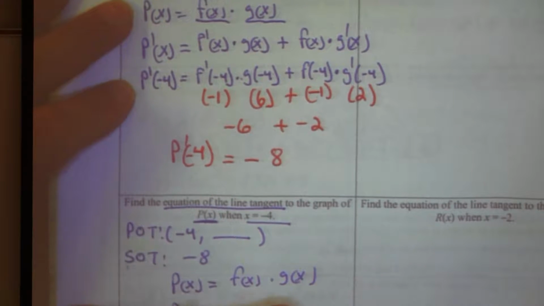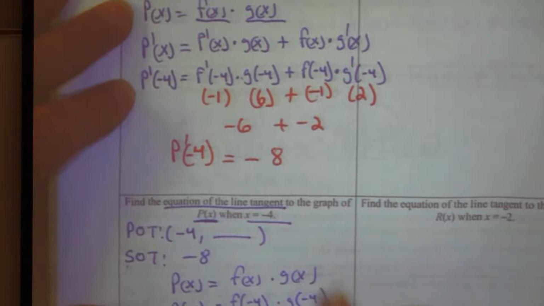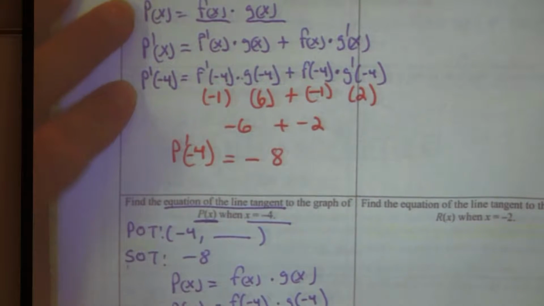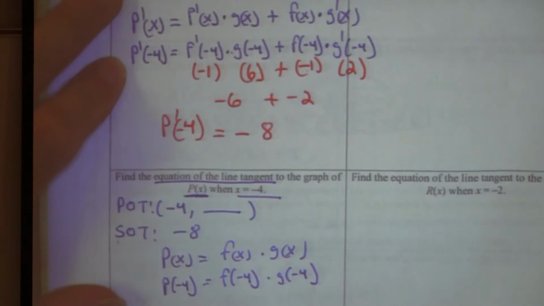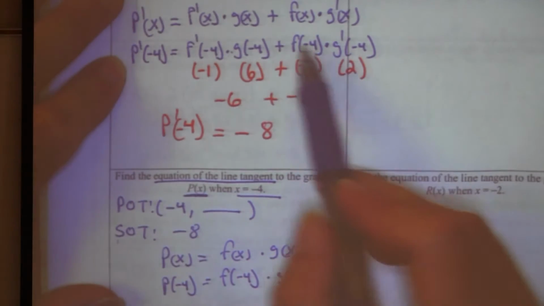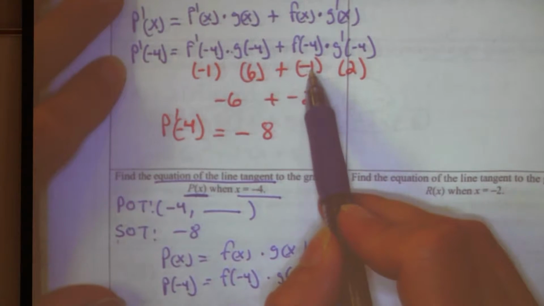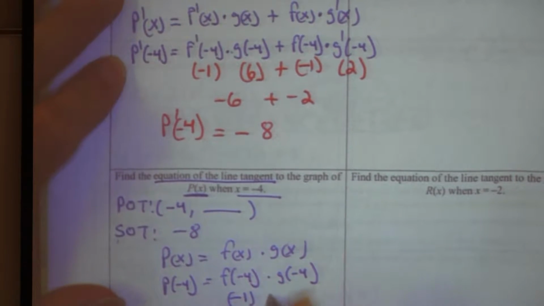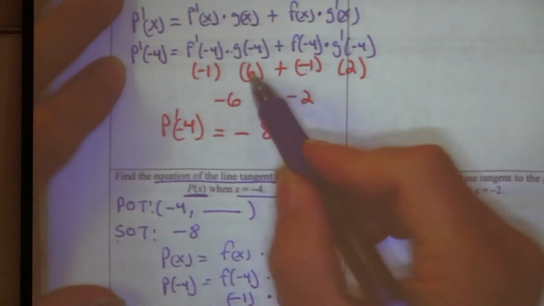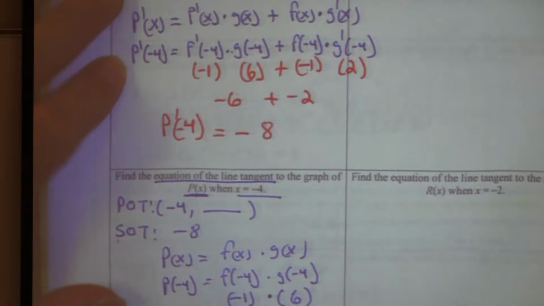So that means p of negative 4 is really f of negative 4 times g of negative 4. Did we already find those two things using the graph? Yeah, so come up here, what was f of negative 4? Negative 1. So we have a negative 1 times what? A 6. So that gives us negative 6, which is our y value.